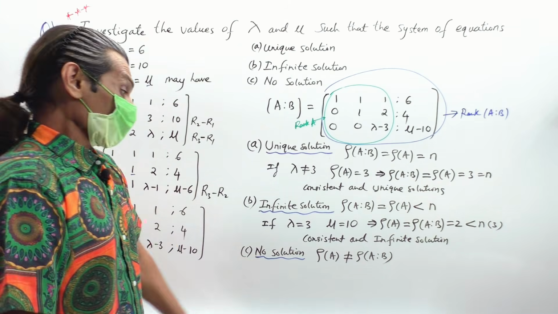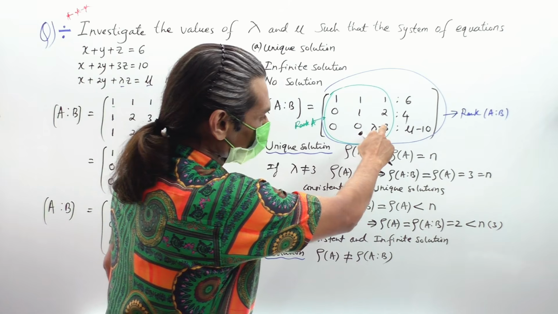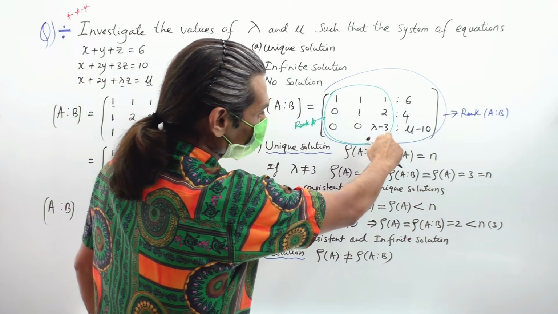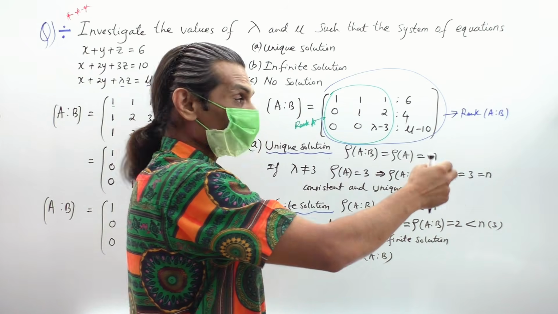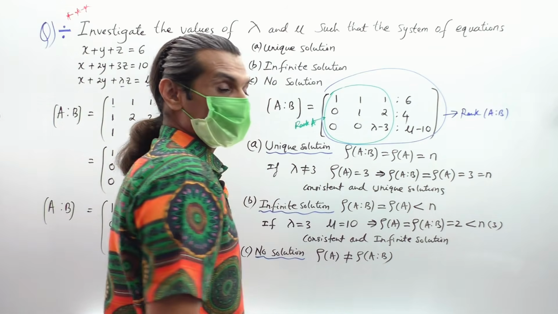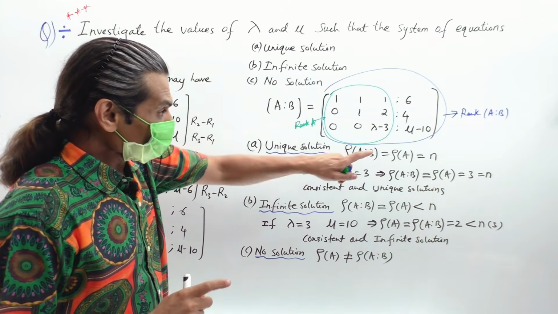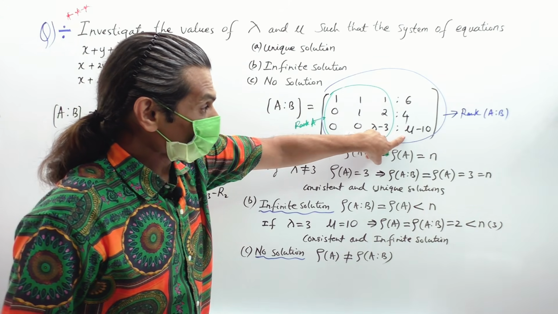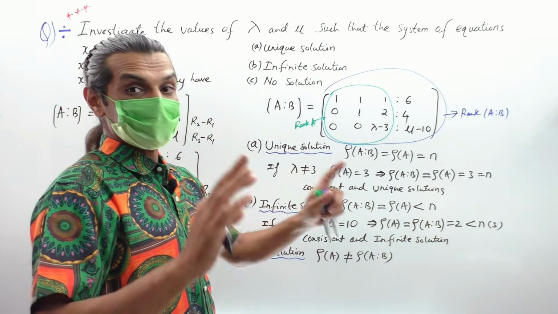That is inconsistent. So, when is that possible? When lambda equals 3 and mu is not equal to 10.